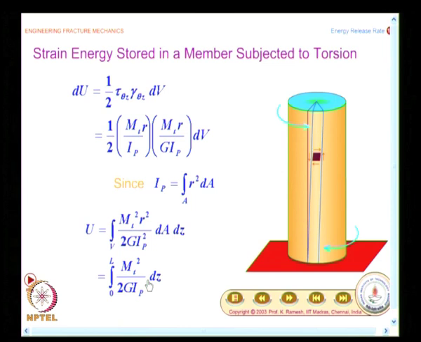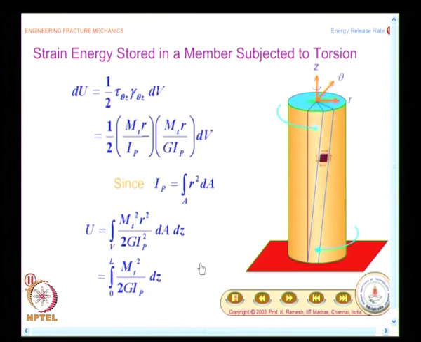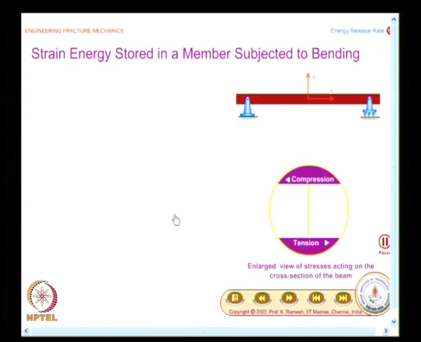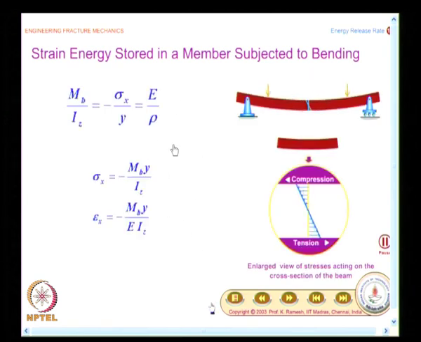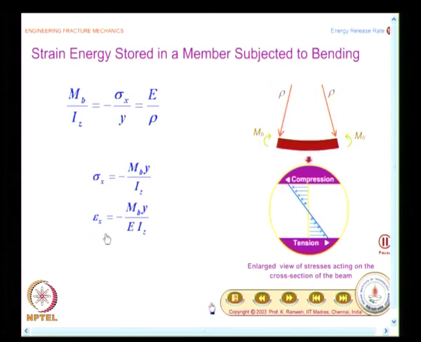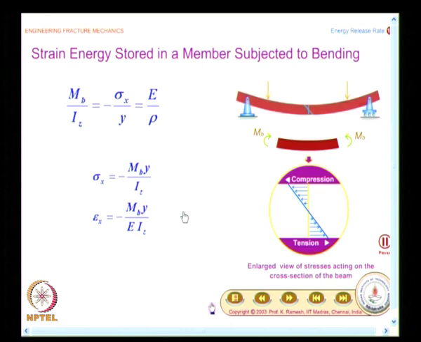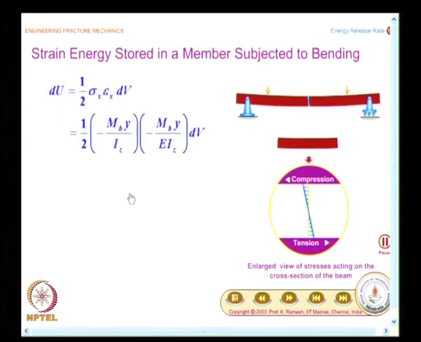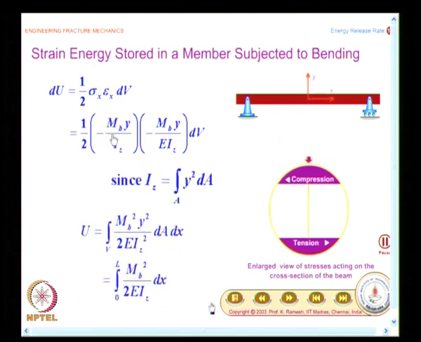Now, you have the expression for torsion, you will find a very similar expression for bending. Here again you have the flexure formula, you have the expression for normal stress and normal strain, and it is easy to write the strain energy stored, and here we have m b, which denotes the bending moment.